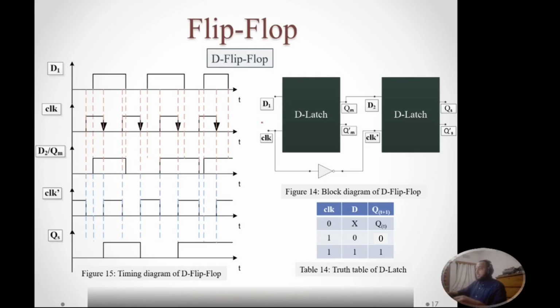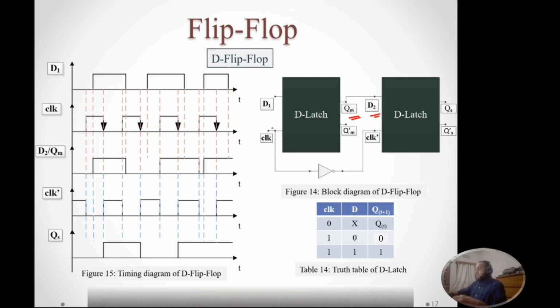We can construct a D flip-flop using two back-to-back connected D latches. Our main input for the D flip-flop is D1. Clock signal is CLK. Our main outputs for the D flip-flop are QS and Q prime S. Now let's look at the connection diagram. We have connected the output of first D latch to the input of second D latch.